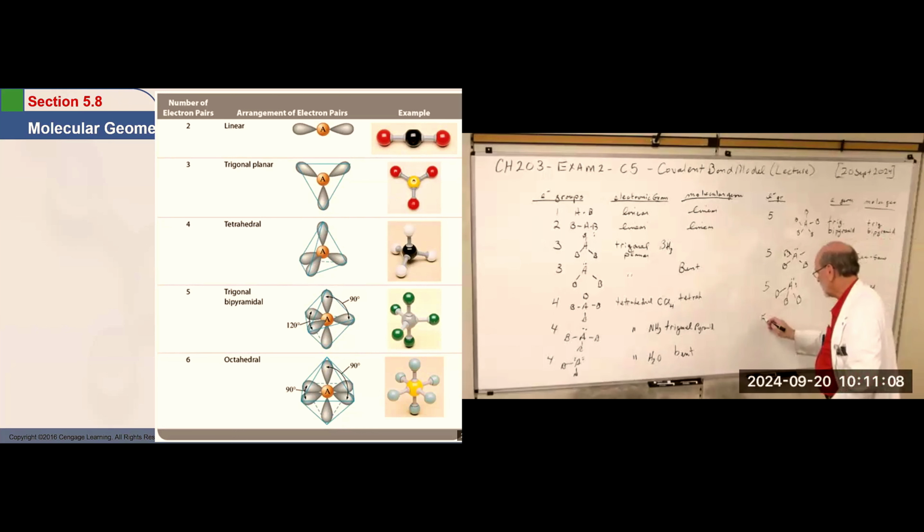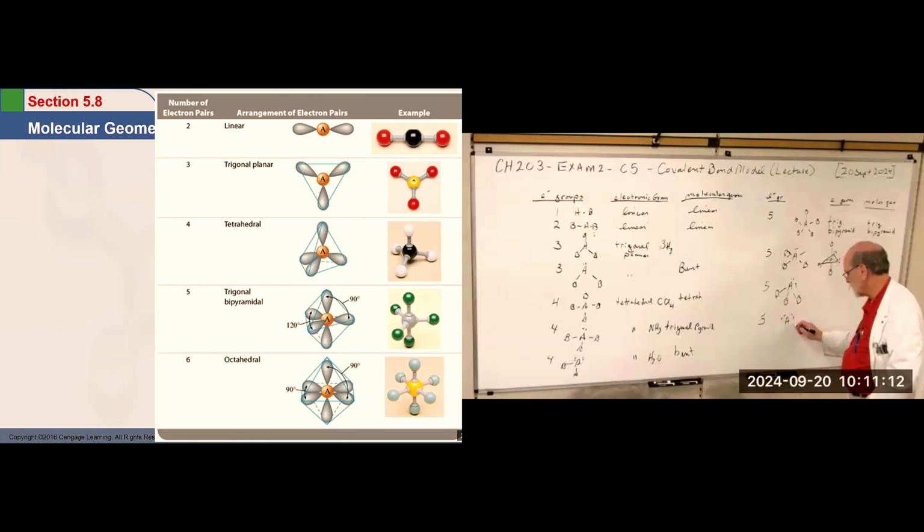And finally, if you only have A and three lone pairs and two Bs, you have a linear geometric structure, because now you have three lone pairs around the triangle and it's a linear structure.